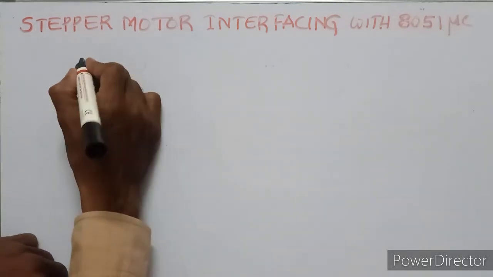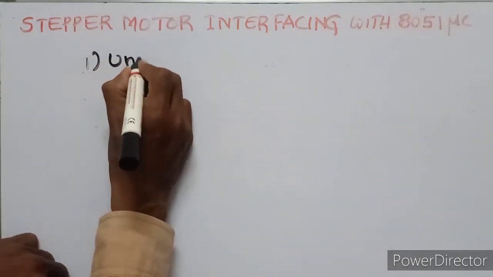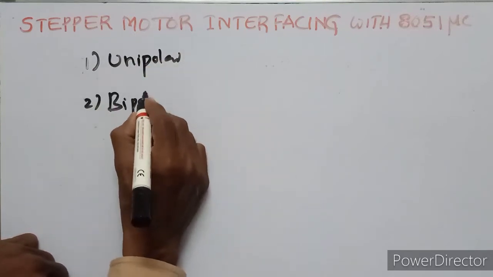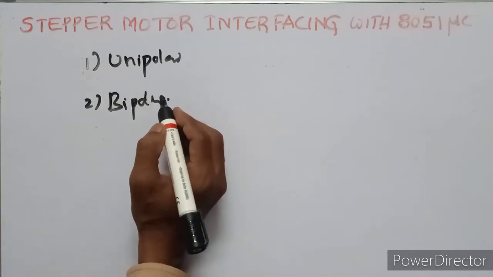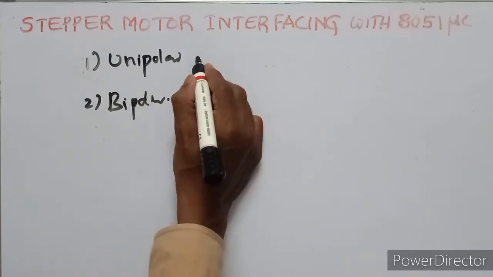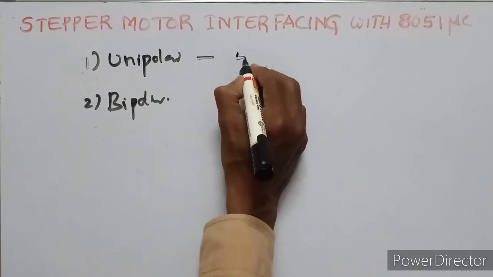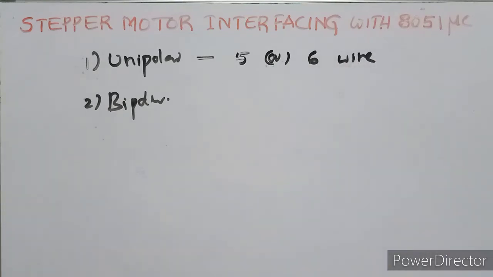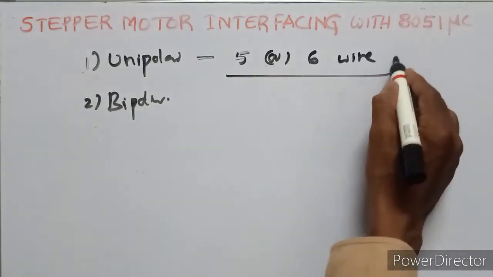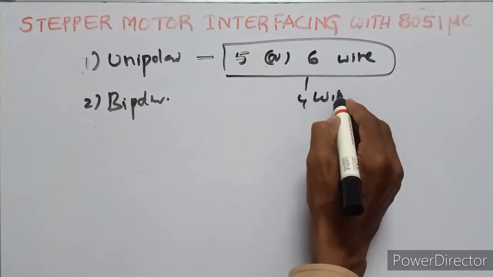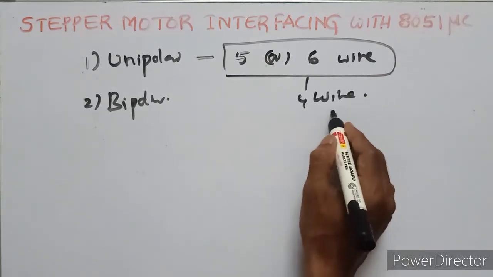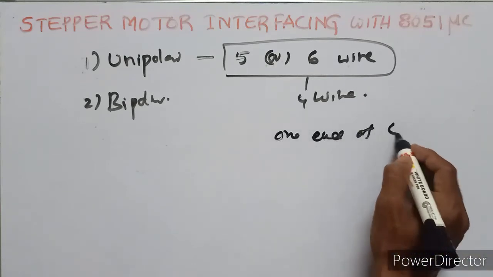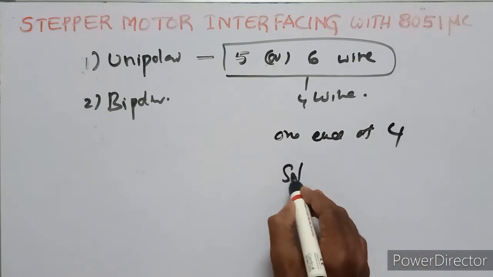Stepper motors are of two types. The first one is the unipolar stepper motor. The second one is the bipolar stepper motor. A unipolar stepper motor generally has 5 or 6 wires, in which 4 wires are one end of 4 stator coils.